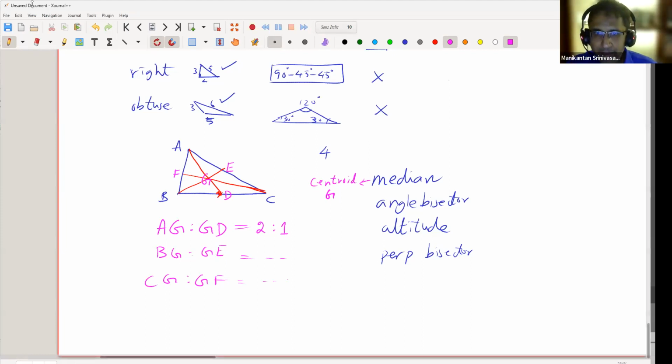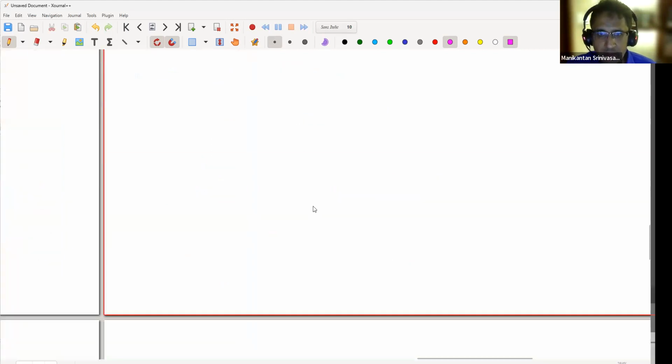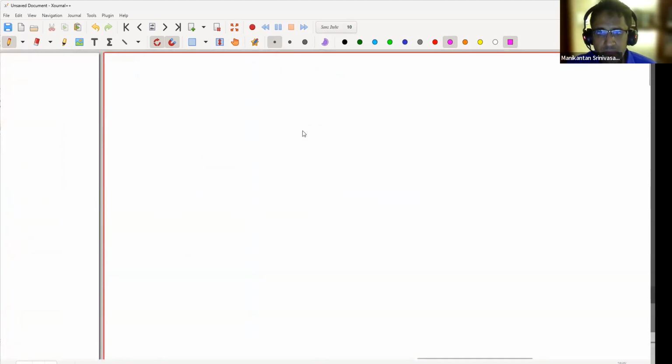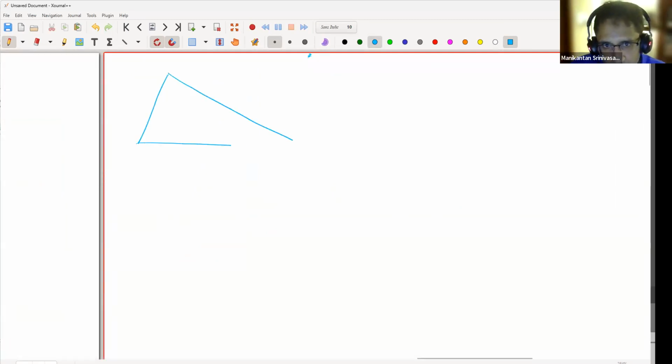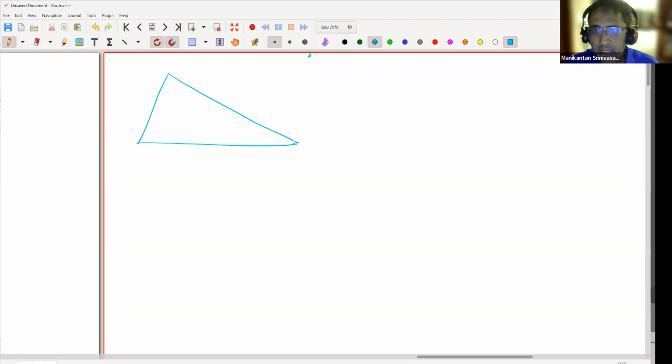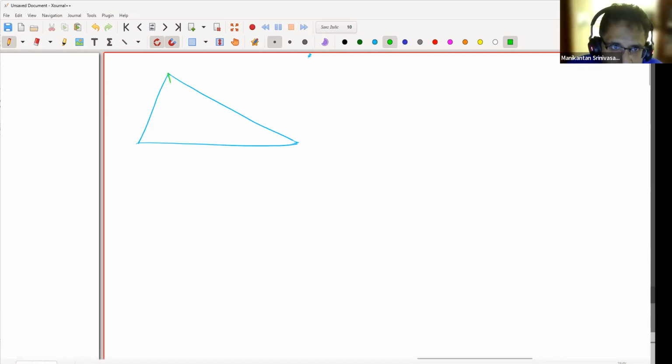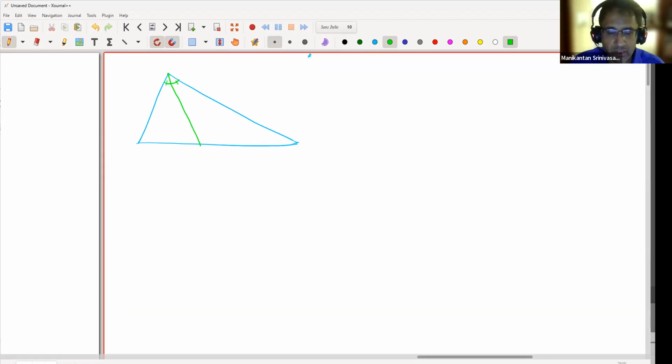Next is the angle bisector. As the name suggests, the angle bisector bisects the angle. I'll draw a triangle again. If I have an angle bisector like this, which bisects this angle, and let's say this is 70 degrees, then it becomes 35 and 35.